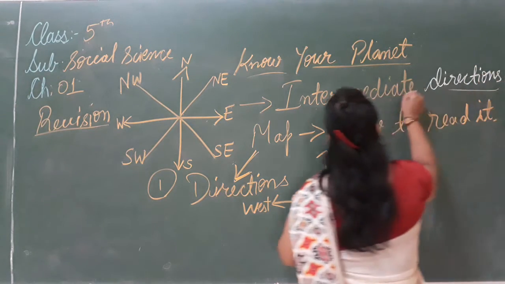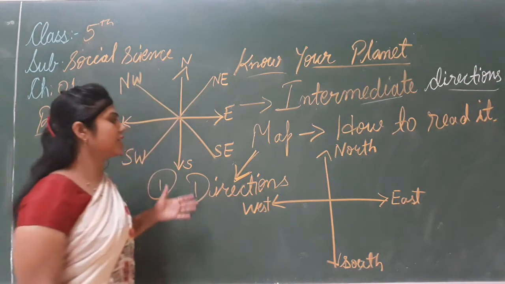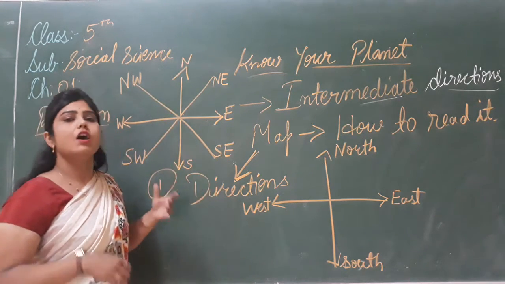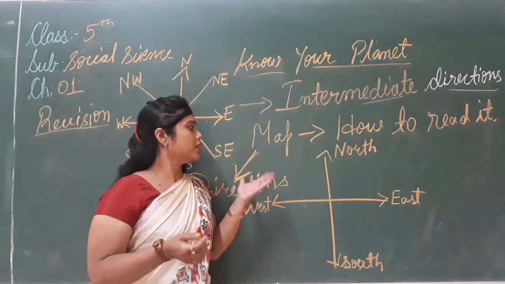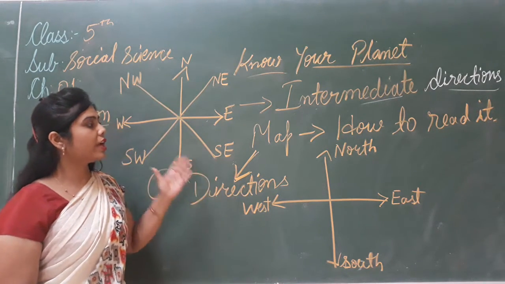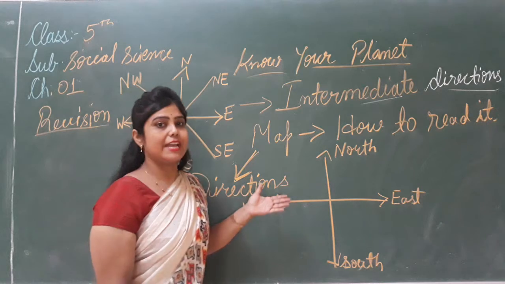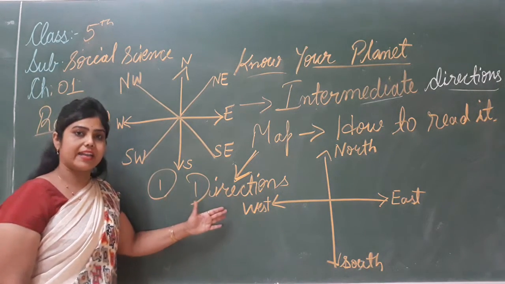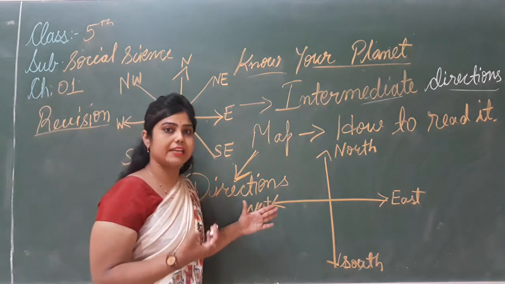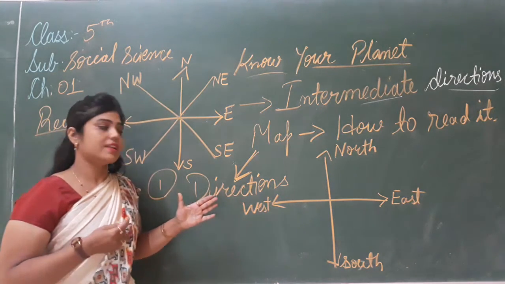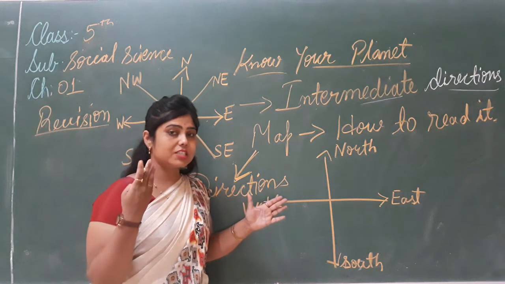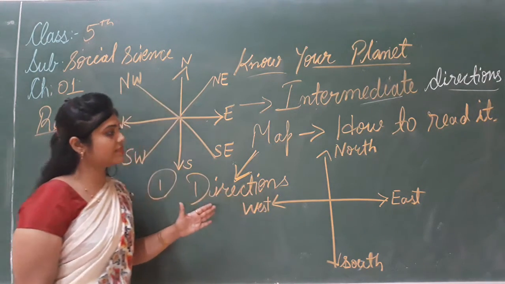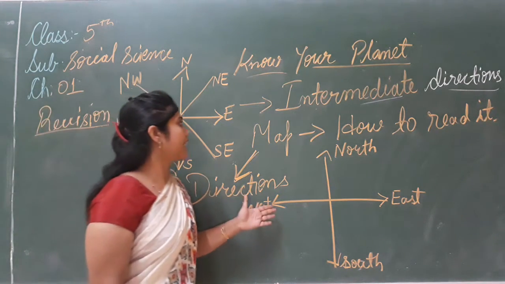So one of the basic features of a map is understanding it, because a map gives a lot of information. Reading a map is most important, and one of the features of reading a map is the direction. There are four major types of direction: north, south, east and west, and these are called the cardinal directions.